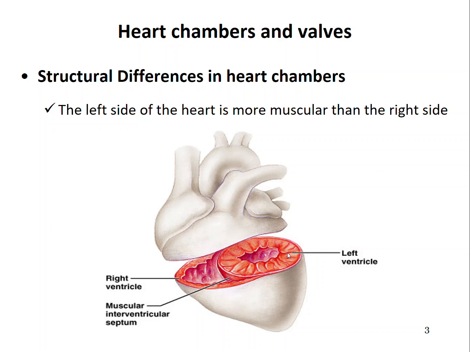Because it has to send the blood to the more resistant pathway, like the systemic pathway. As you know, this is bigger than the pulmonary pathway, so it needs higher pressure in order to circulate the blood through that. So the high resistance system needs high pressure for circulation, and for generating high pressure, we need a more powerful pump.